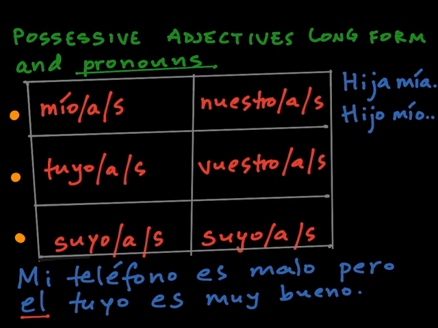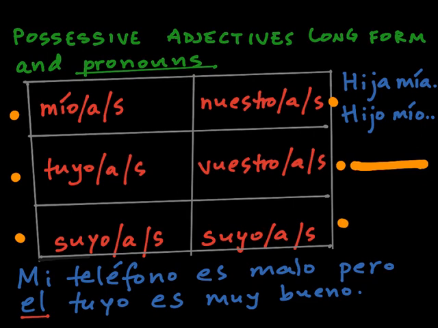It will be for él, ella, usted, suyo, suya, suyos, suyas. Nuestro, nuestras, nuestros, vuestra, vuestras, vuestros, used only in Spain, remember, and suyo, suyos, suya, suyas, for ustedes and ellos.